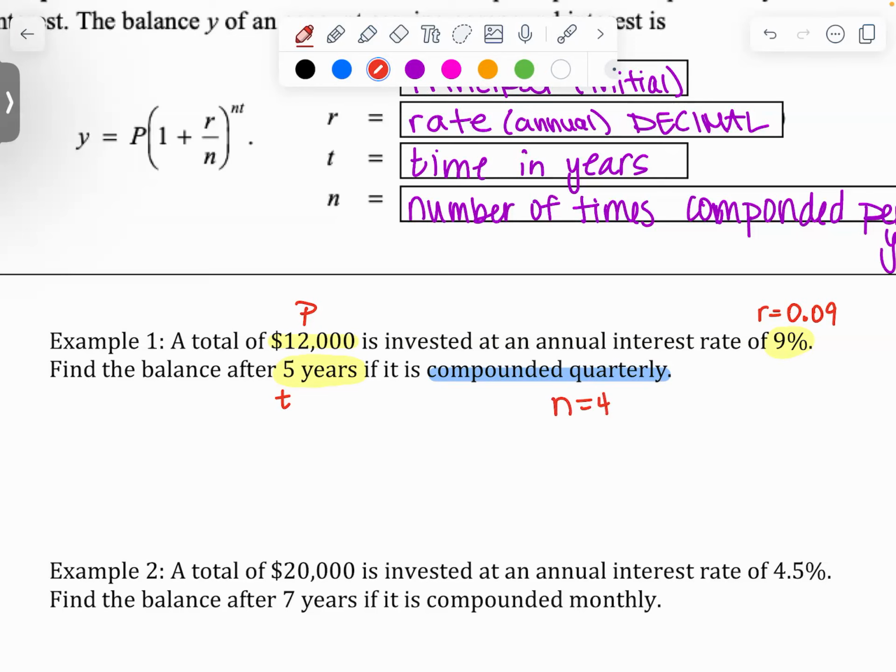So we're going to take this fun little formula and we are going to say Y equals P times 1 plus R over N raised to the N T. Please do not get ahead of me. I want to help you with your calculators.